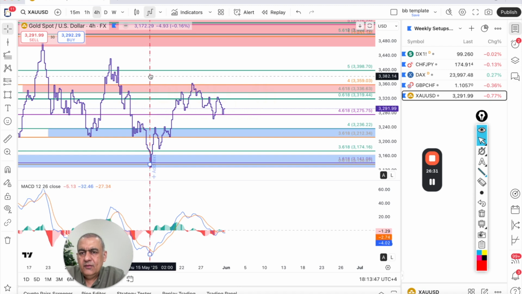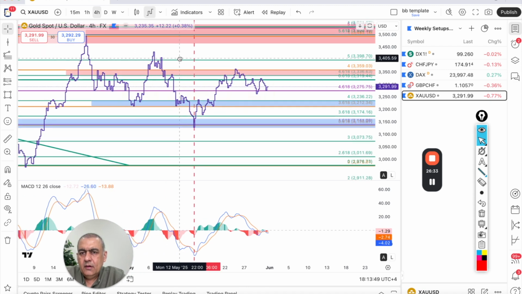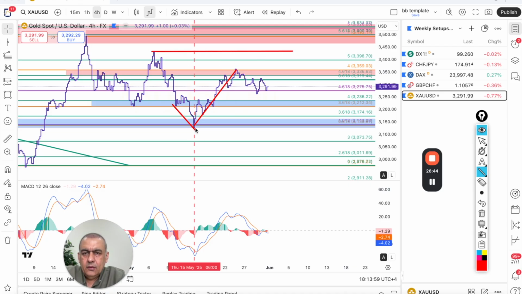Now on the 4H frame, we got bullish divergence, but the move here could not break the previous high. So I believe this is a 5-legged bullish structure, and now we are under short-term pullback, and if gold slips further down, it will find support near 3212 or in between 3212 to 3236.